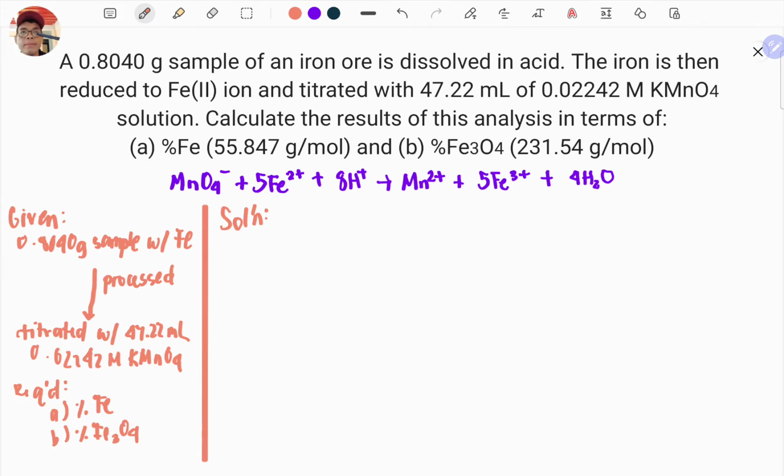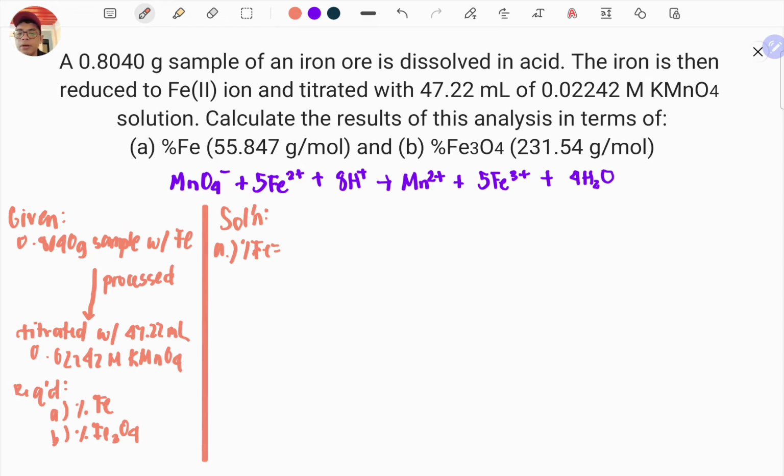If we get the grams of iron or the grams of iron(II,III) oxide and divide that by the 0.804 grams of sample multiplied by 100, that should be the percentage of the analyte. So the calculation will closely resemble the first problem. Again, if I want percentage of iron, if the denominator is grams of sample, then the numerator should be grams of analyte or grams of iron.